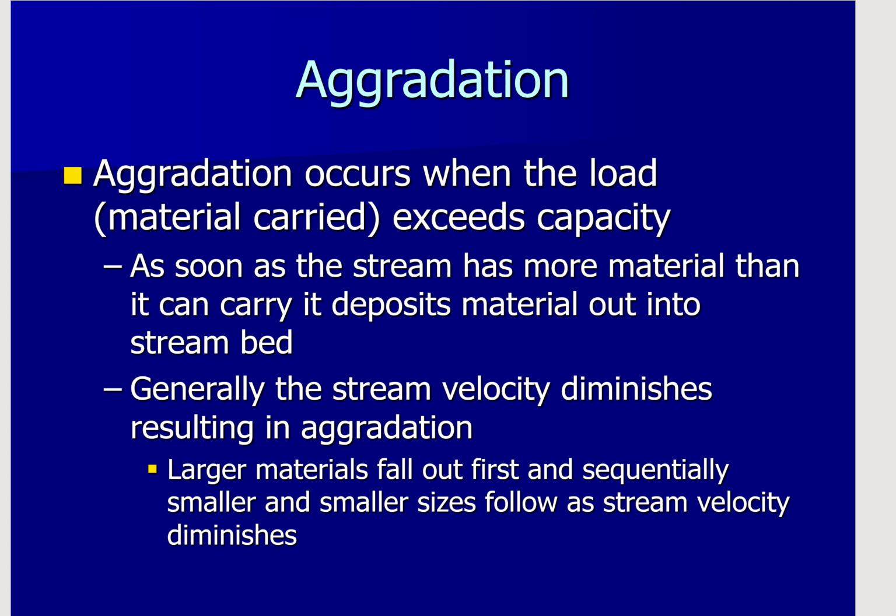So basically, as soon as the river has more material than it can carry, things are going to fall out. It's sort of like the camel's back that gets broken with one more straw. The camel can keep moving and doing its thing, but you add one more piece of something to the saddlebags and the capacity is reached and things start to fall out of that river.